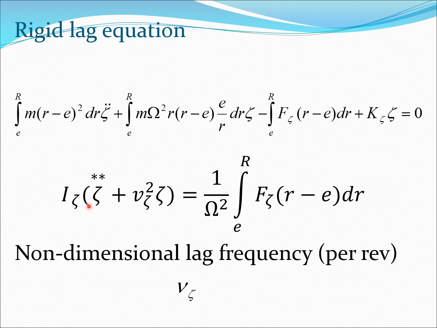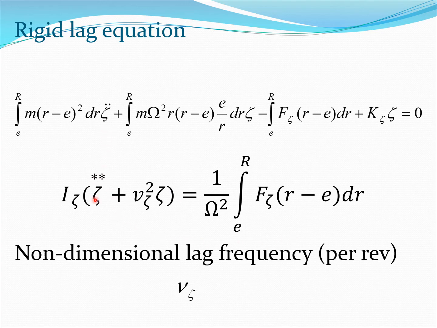So once we do that, this is our equation here. And here also we have done the transformation from the dot system to the star system. Remember, dot is with respect to time, star is with respect to psi. Having done that, I get this much more compact looking equation here.